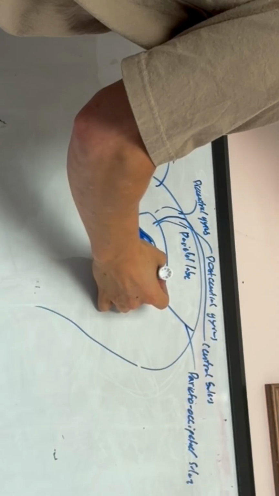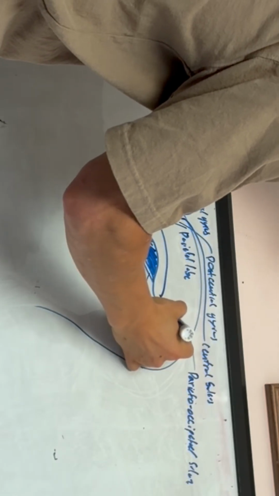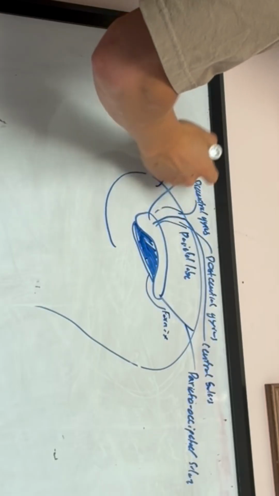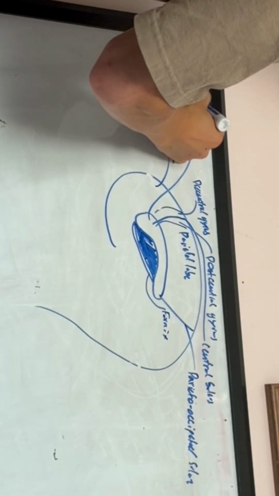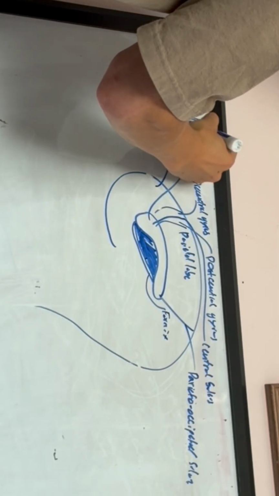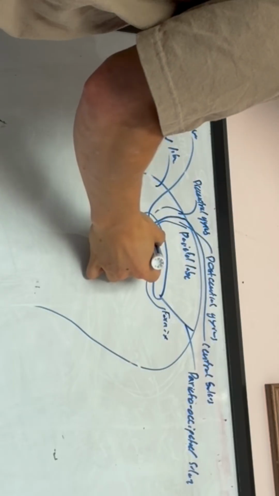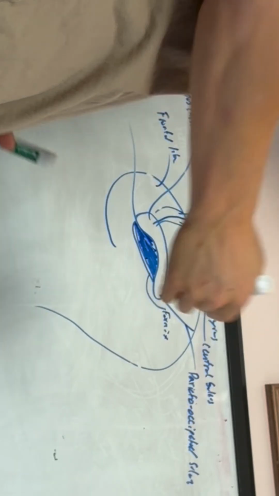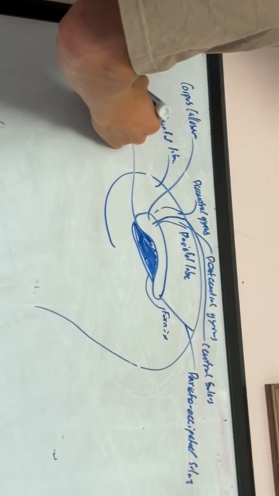This is the fornix. This is the corpus callosum. And this is the bluest part, separating both lobes. It's the septum pellucidum of the brain.